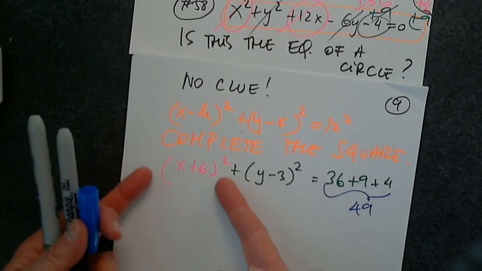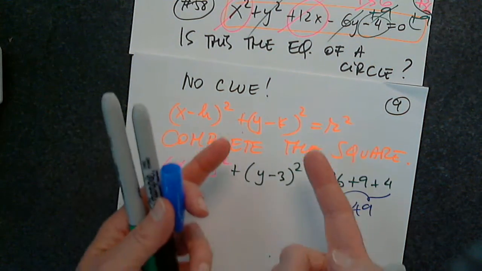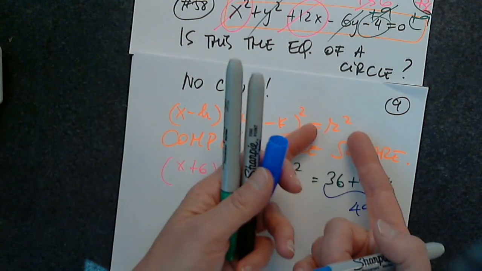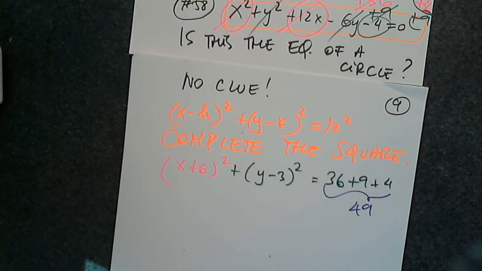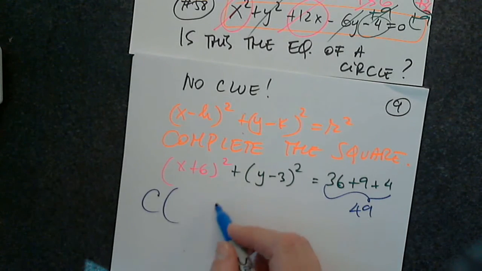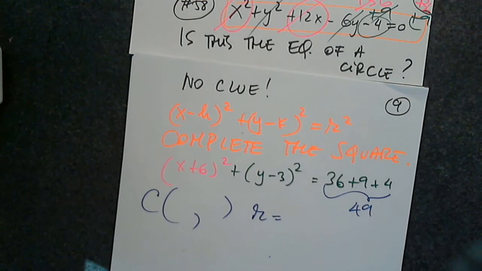Yes. I complete the square with x, I complete the square with y, and I have a positive number on the other side. It's definitely a circle. Can anyone identify now the coordinates of the center and the radius?